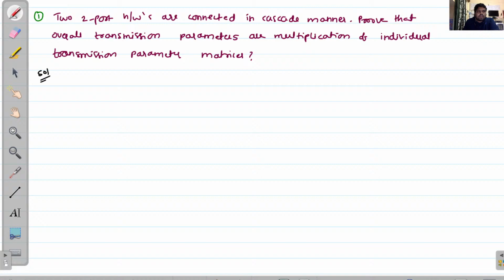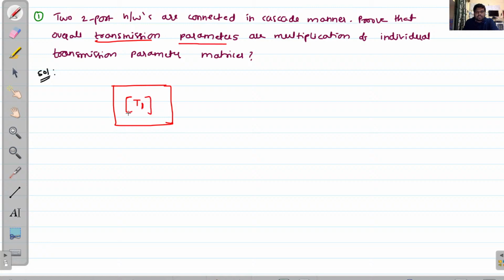First of all, the question basically focuses on a cascaded type of network, and they mention two-port networks are connected in cascade. First we will take the first two-port network. This is related to transmission parameters, so I'm taking T1 here.